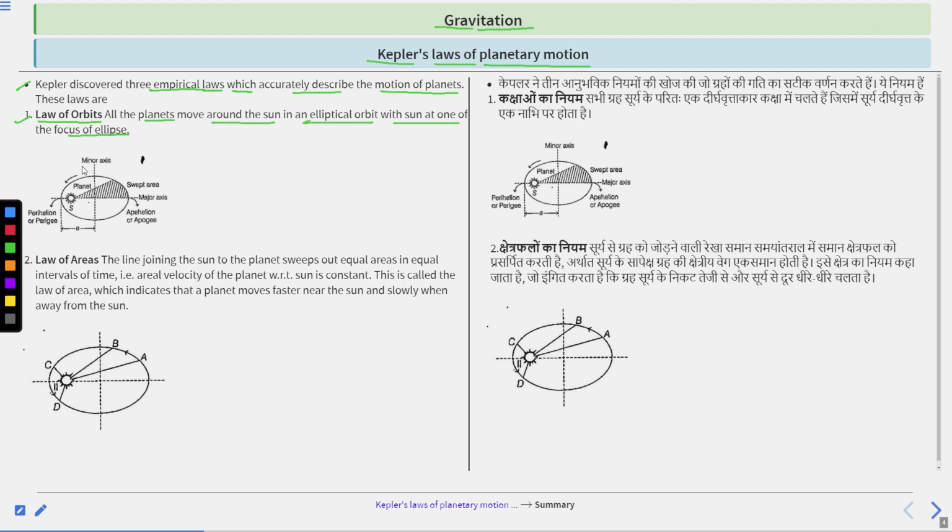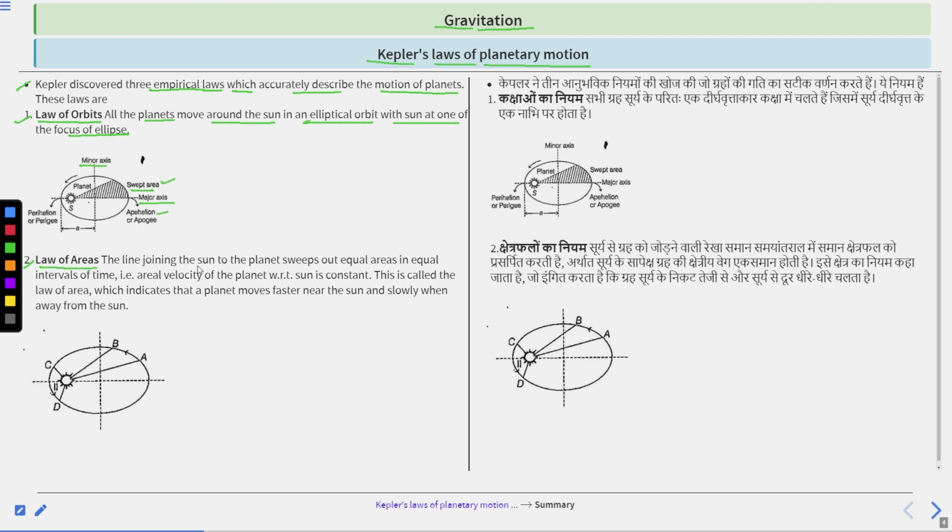Clear? And these are the major points: minor axis, major axis, and area swept. Clear? This is perihelion.